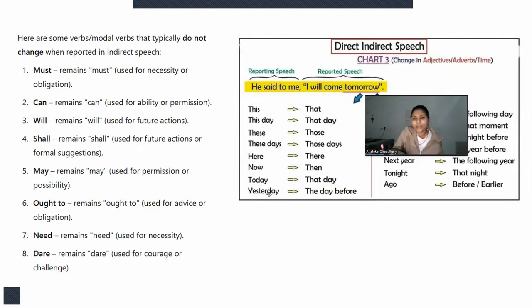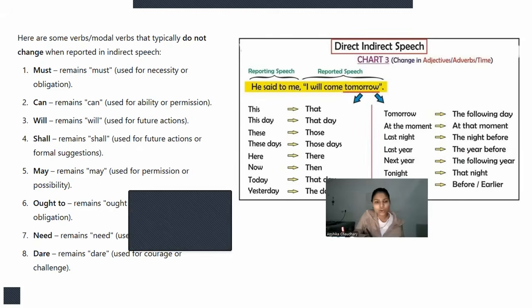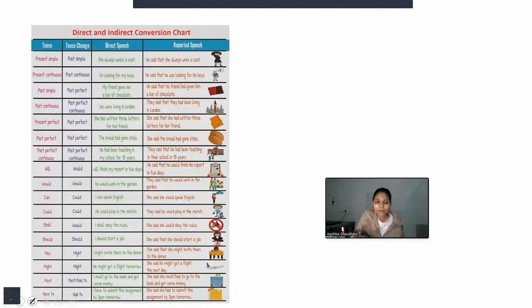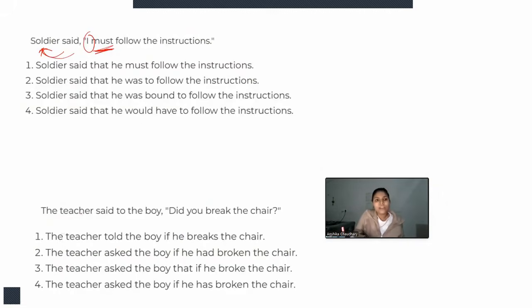Yes, how we have to change this, that; these, those. So this is how. And for changing objects and subjects, I will also add one chart here. After this video, I will add it, and I will give this PPT in my Telegram group. So do join the Telegram group. Okay, so here it will be converted to he.